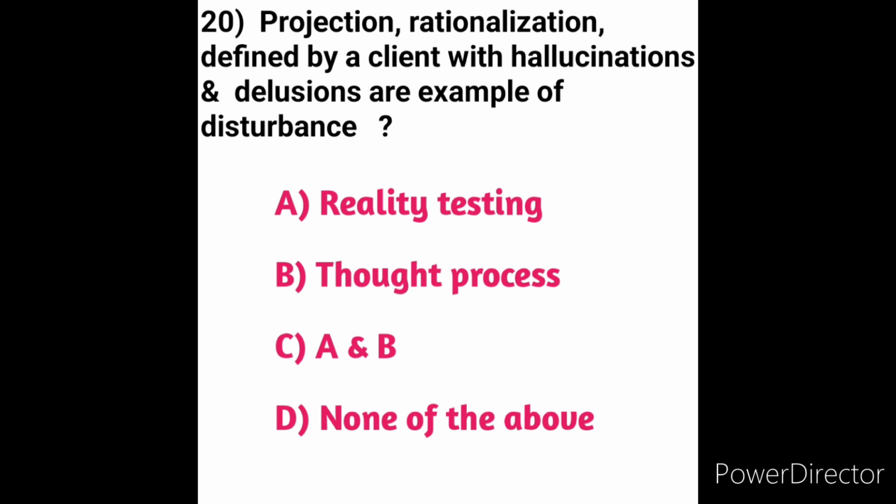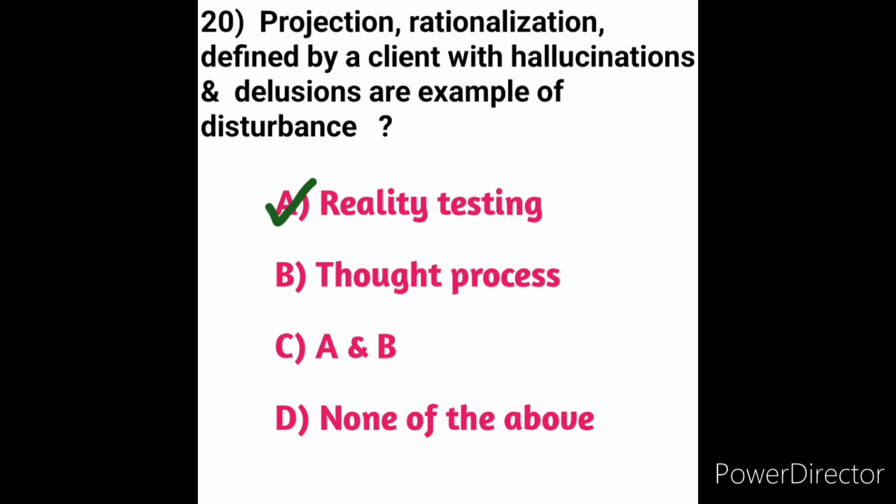Reality testing means an individual determines and assesses his or her limitations in the face of biological, physical, social or environmental actualities. Projection and rationalization, defined by a client with hallucinations and delusions, are examples of disturbances of reality testing. So option A is the correct answer.